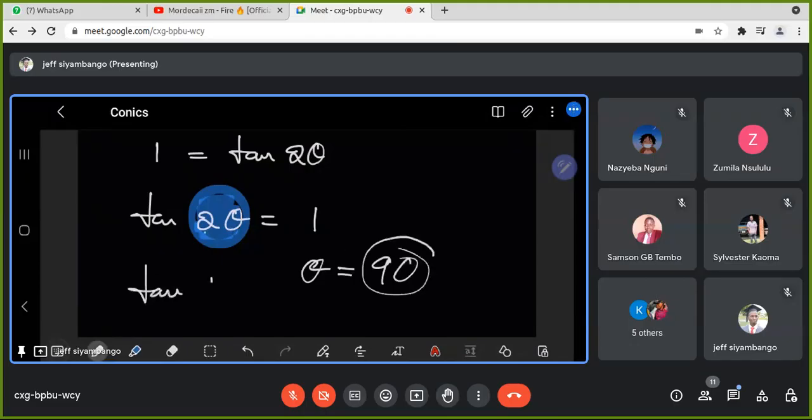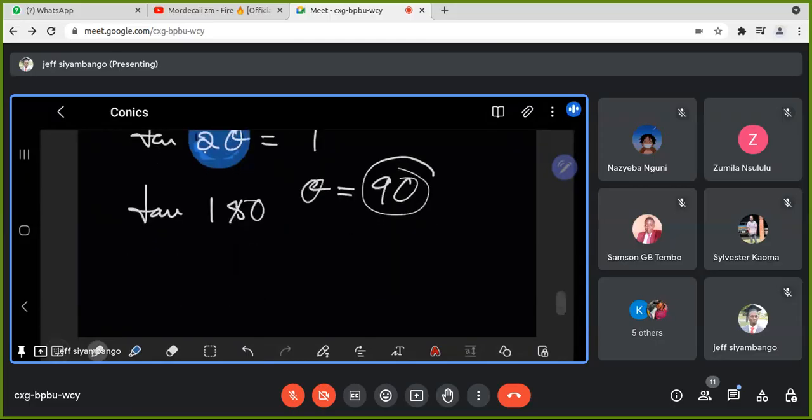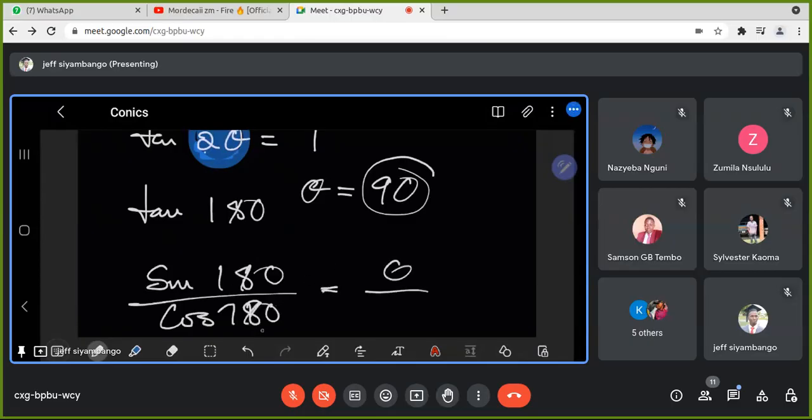So you'd be looking at tan 180. And if you tried tan 180, will it give us 1? Let's see. It's sine 180 over cos 180. And what do you get here? Sine 180 is 0. Cos 180 is negative 1. It doesn't give us 1.